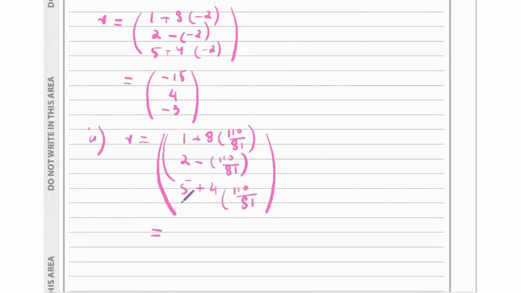That gives us 961 over 81, so 52 over 81, and then lastly 845 over 81. That's your other position vector.